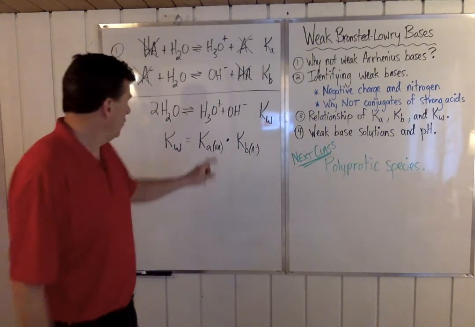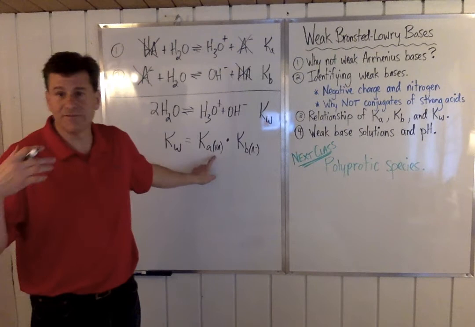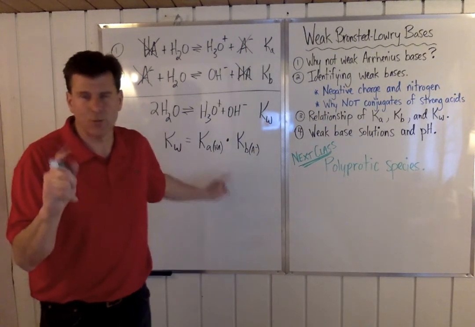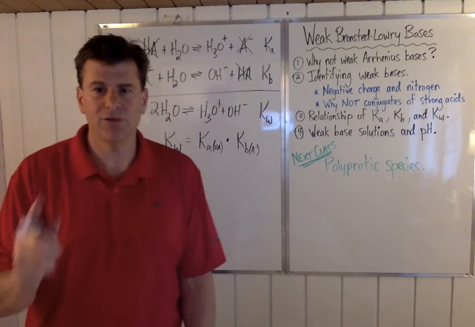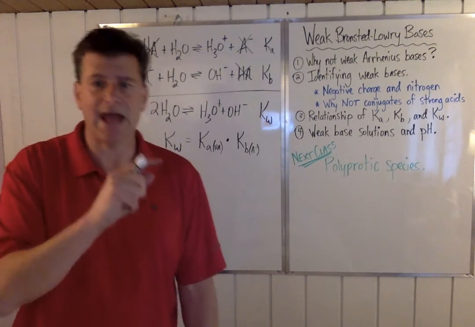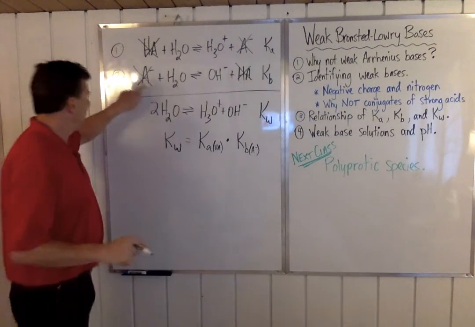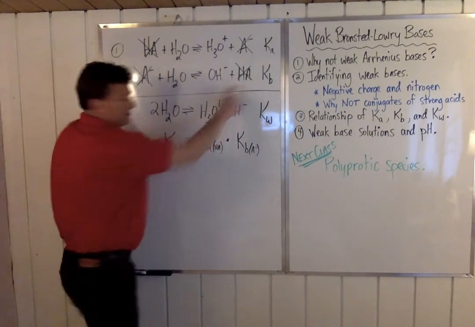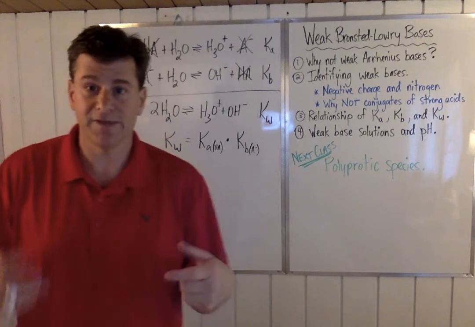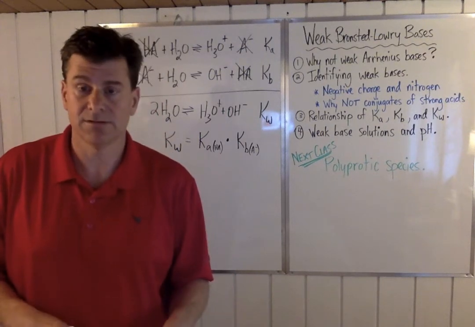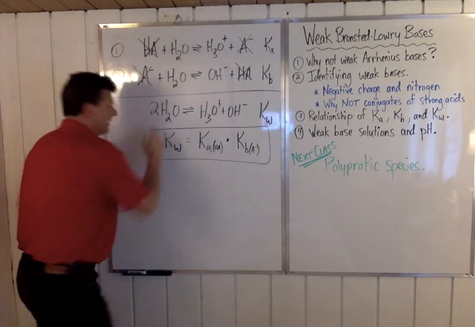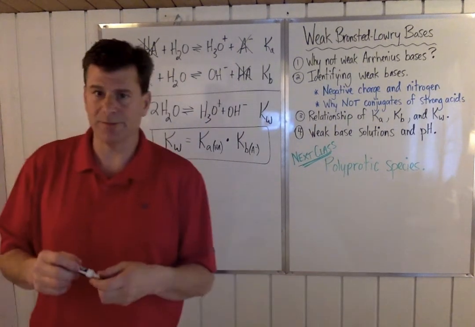So if you know the Ka of the base's conjugate acid, okay, listen to that wording, it's a mouthful. If you know the Ka of the base's conjugate acid, then you can solve for the Kb of the base. Okay, this is the mathematical relationship.